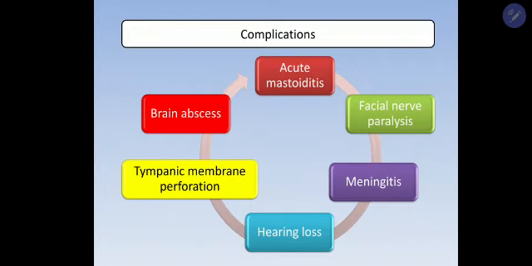The mastoid air cells and the antrum may get infection from the middle ear, and this can give rise to acute mastoiditis and mastoid abscess, which is more troublesome because the facial nerve is also passing through the ear, so it is at risk also. Another important thing is tympanic membrane perforation, which is usually the sequela, and hearing loss is obvious.